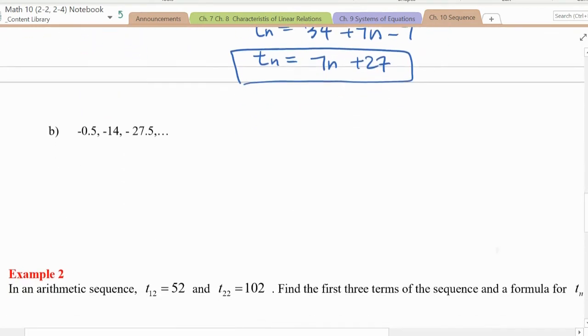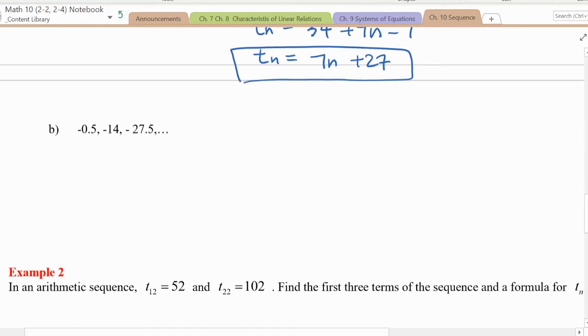Okay, let's move on to the next question. B. I have 0.5, negative 0.5, negative 14, and negative 27.5. Is it decreasing or increasing? This is decreasing, right? From here to here, it decreases by 13.5. The next one decreases by 13.5. Okay, it has a common difference, right?